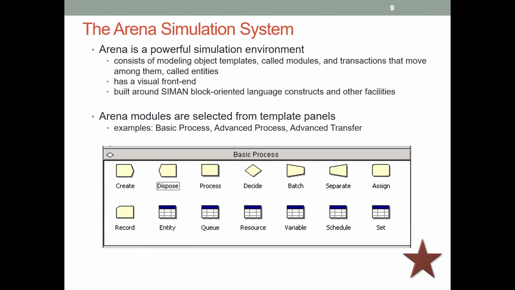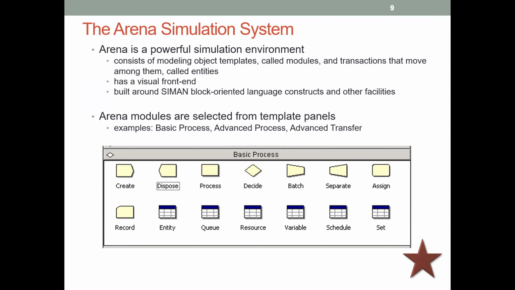These Arena modules are selected from template panels. So for example, we have different templates, the basic process, the advanced transfer. The template that I'm showing on the slide is representing the basic process, in which you have the blocks that are the basic ones.